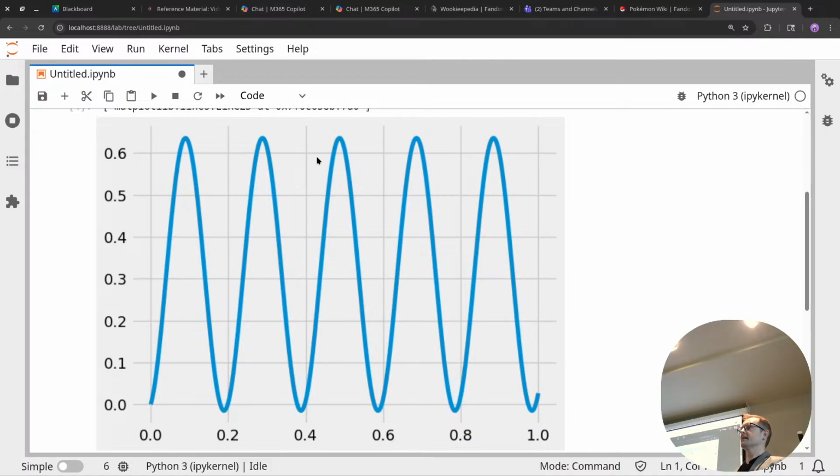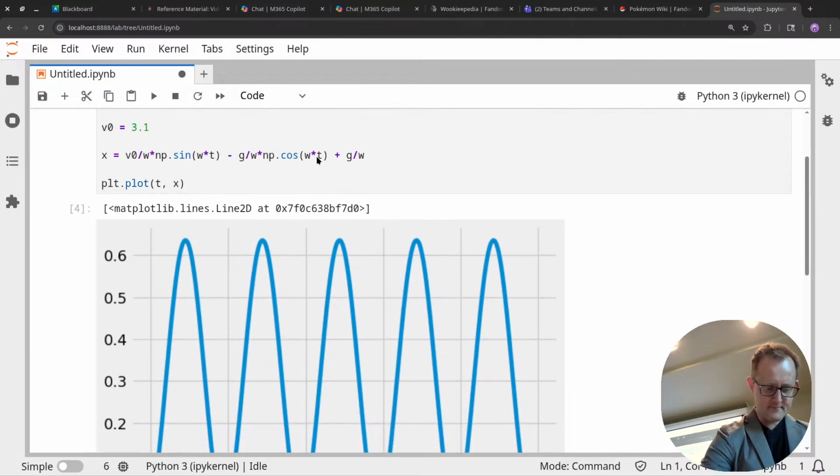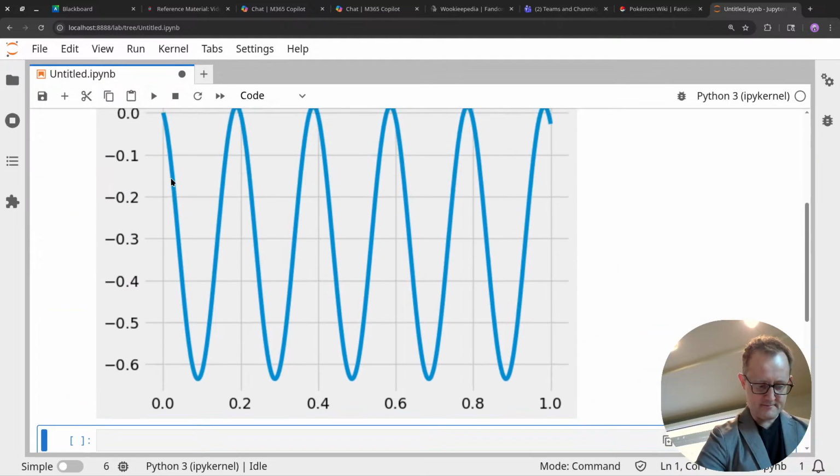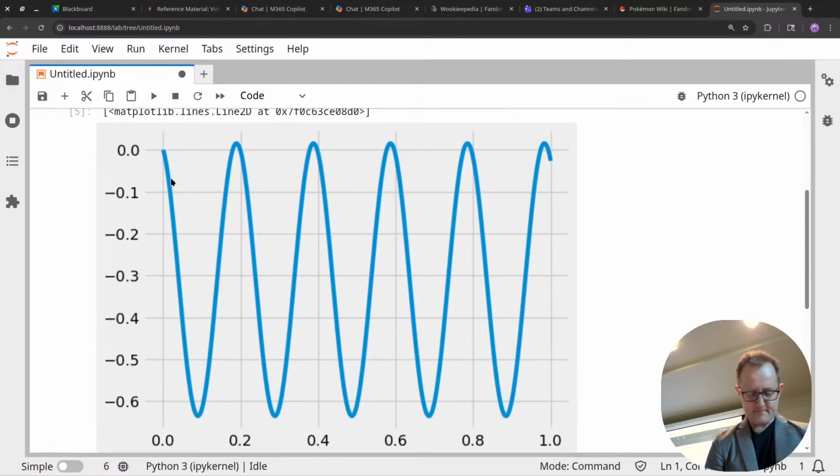Because the graph is kind of flipped upside down, right? We could put a negative sign if we want. As it goes down, what happens when it comes back up? It stretches slightly above its regular state position.